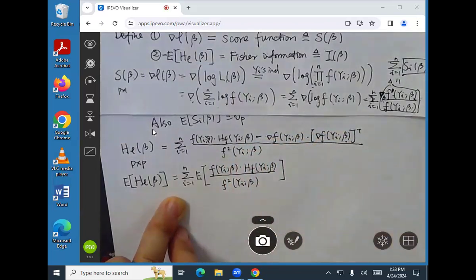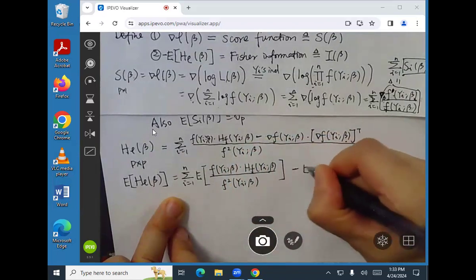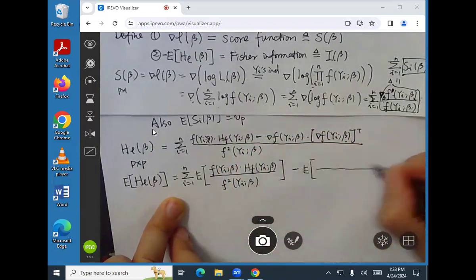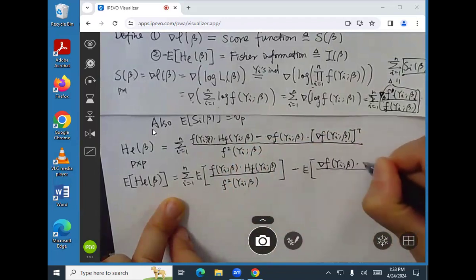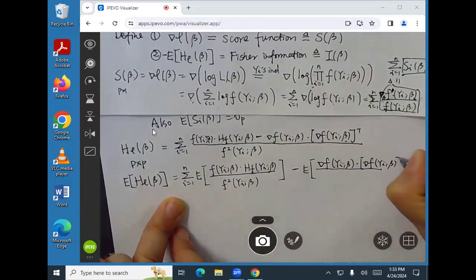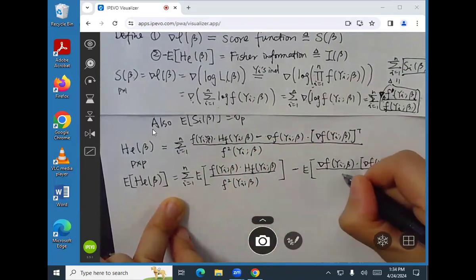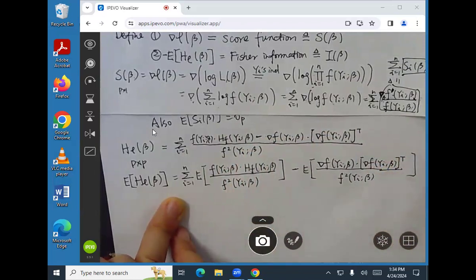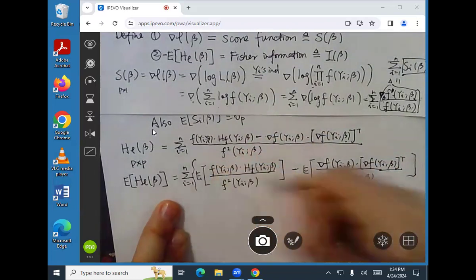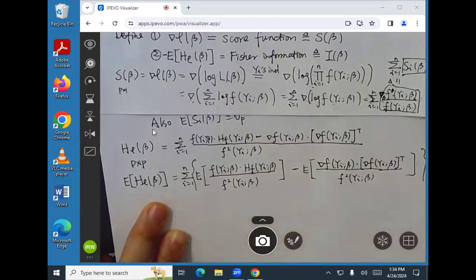That's the first term, minus the expectation of the second term, the gradient of f of yi, beta times the transpose of the gradient of f of yi, beta. So I just separate the expectation into two terms. I'm going to show you the first term is actually 0, and then I'm left with the second term.